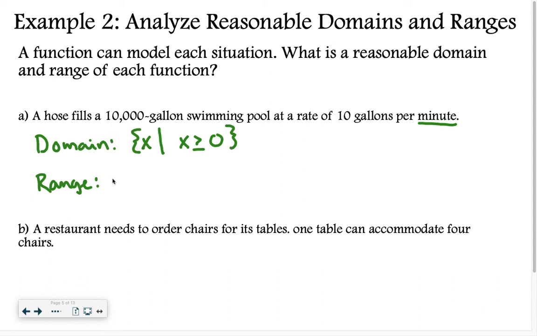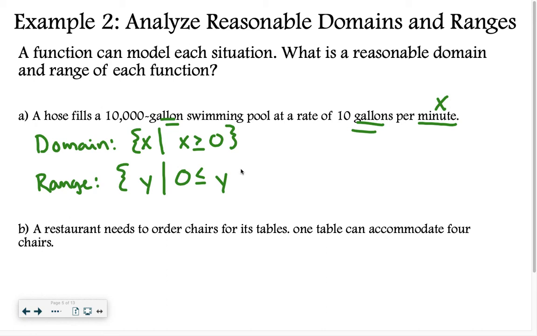As far as the range goes, we figured out that time was our x, so our range is going to be our gallons. For our range, we open the curly bracket, put y, then the bar, and then y. After 0 minutes we're still at 0, so y has to be greater than or equal to 0.